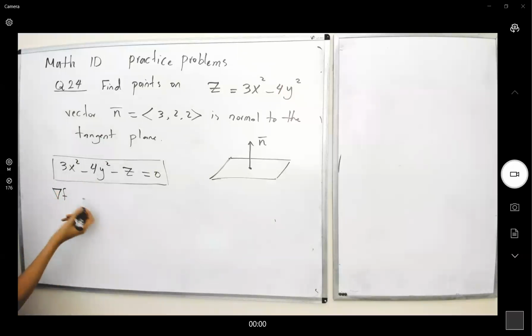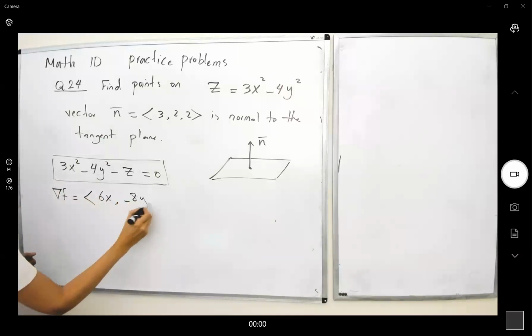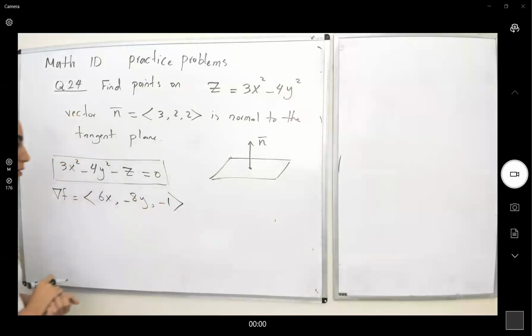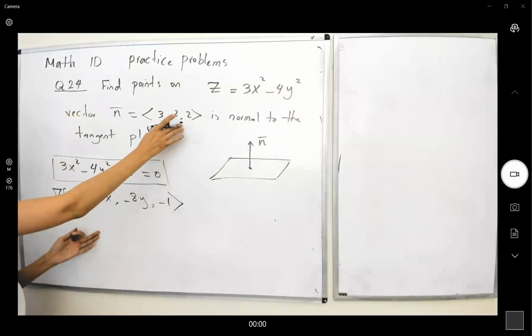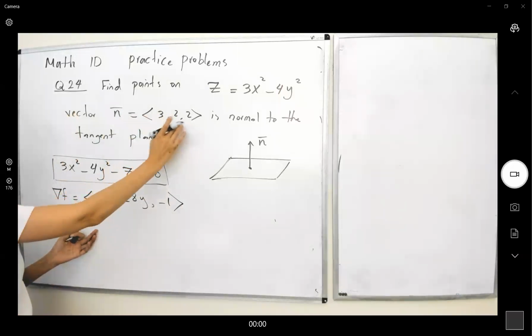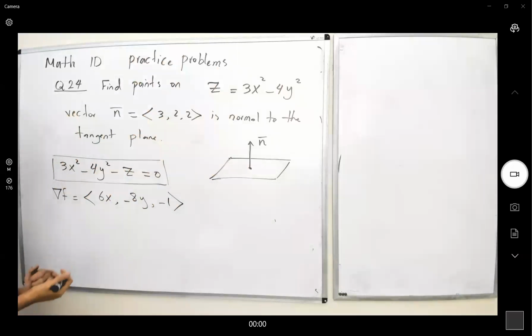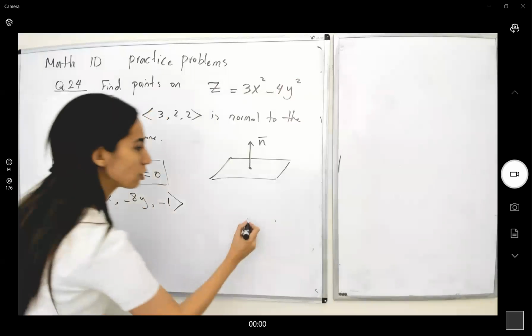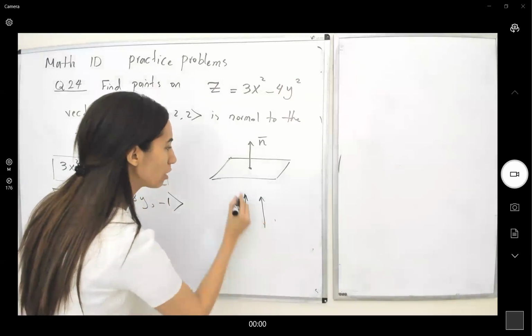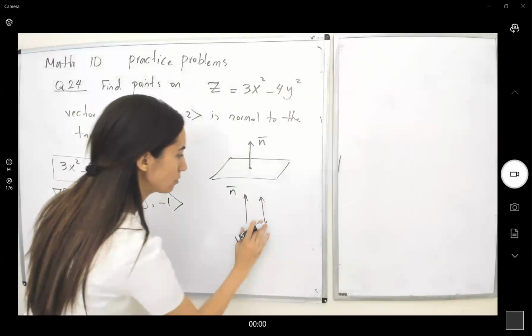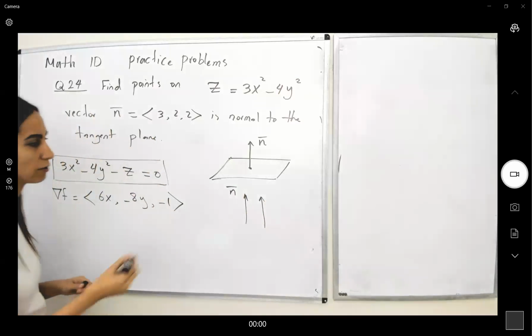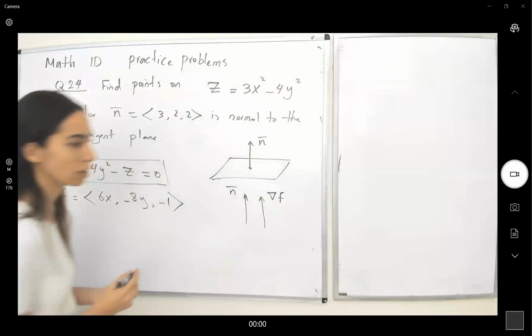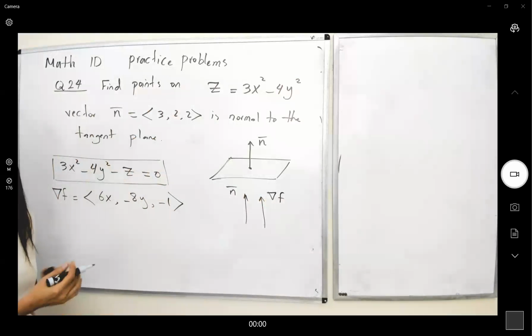So gradient of f is equal to 6x, negative 8y, and minus 1. This is a vector, and you have another vector, n, (3, 2, 2), which is normal to the tangent plane. Very well. So what's the relation between these two vectors? Both of them are actually perpendicular or orthogonal to the tangent plane, level curves, level surfaces. It means that these two vectors are proportional.